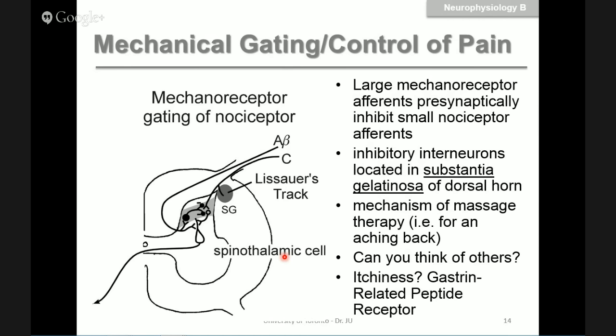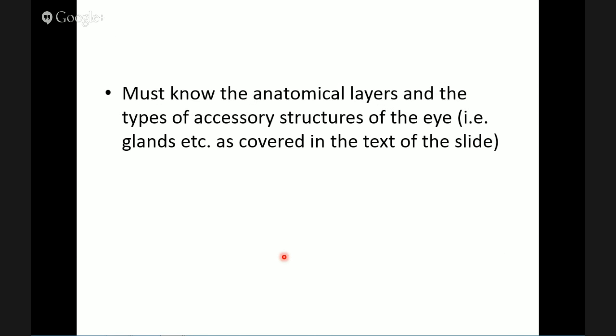Without looking at this slide, and I'll just advance it one, the SG that was located there on that previous slide, what does SG stand for? And why is the SG important?